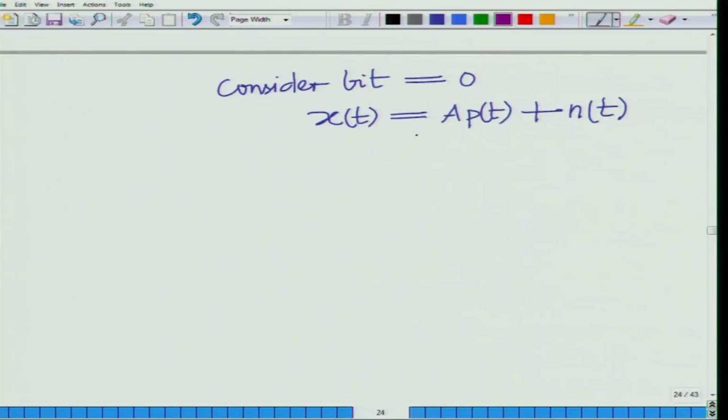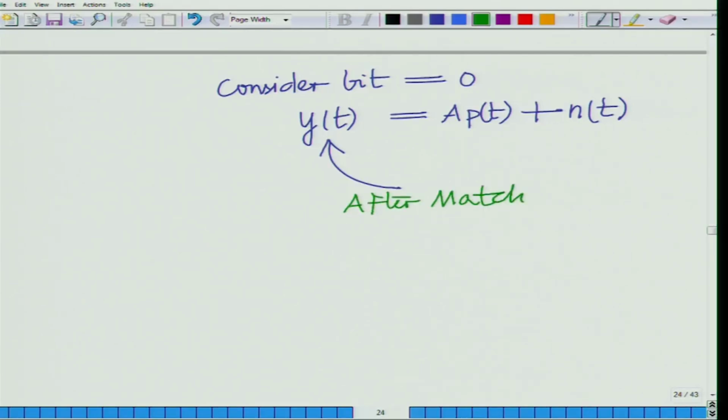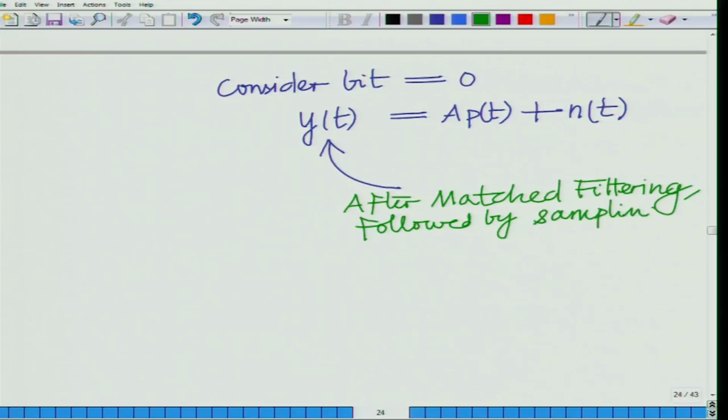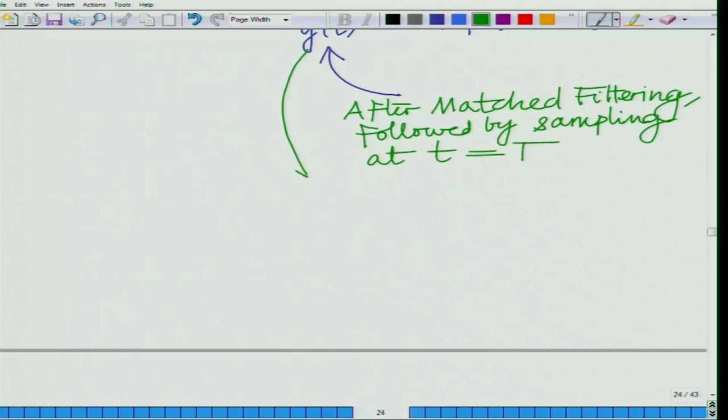Therefore, when you match filter this with h(t) equals p(T minus t), followed by sampling at t equal to capital T, where T is the symbol duration, what we get after matched filtering is R equals A times E_p plus n tilde.